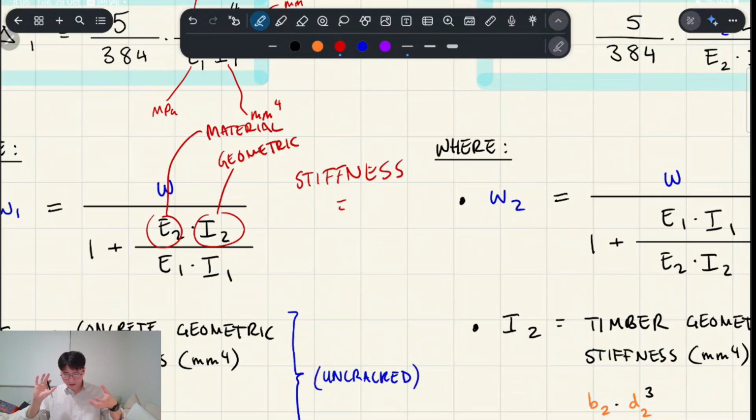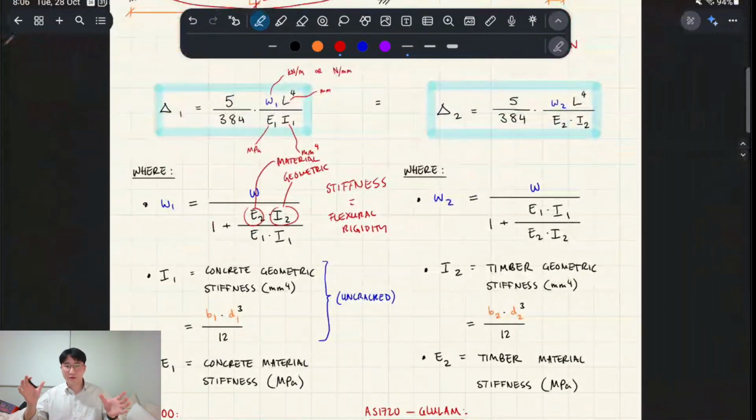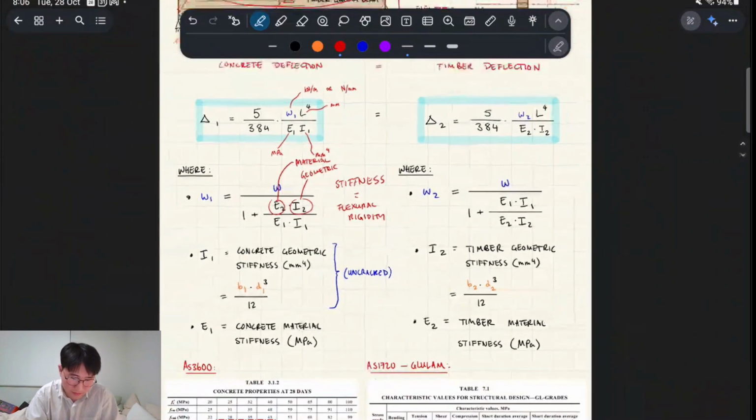So the product of these two things is called the flexural rigidity, right? So you're accounting for both the shape and the material of the two things, and you're taking the ratio of that, and that's where that formula comes from. So that's how the load is distributed, right?